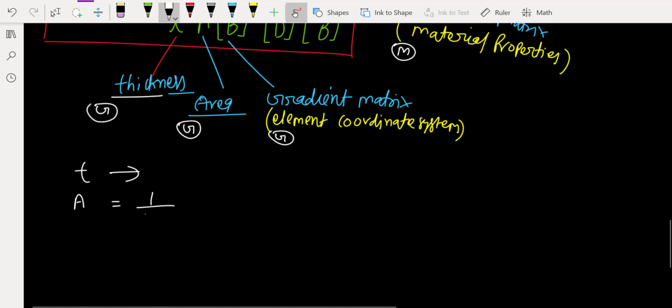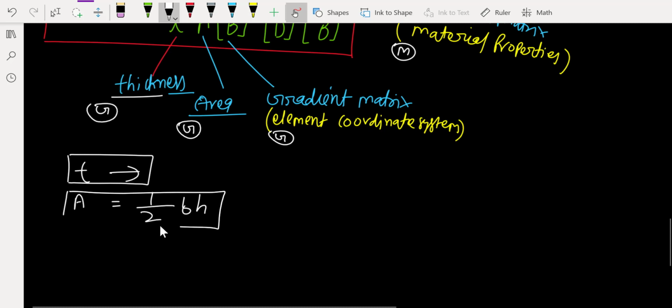Area of the plate would be half B into H, half breadth into height. And then you have to find out the B matrix.